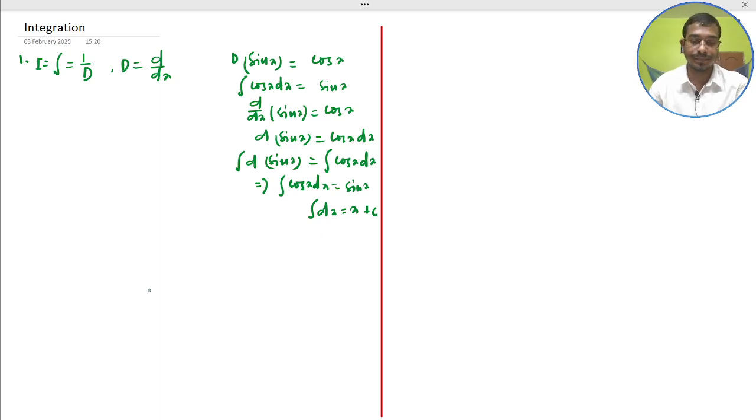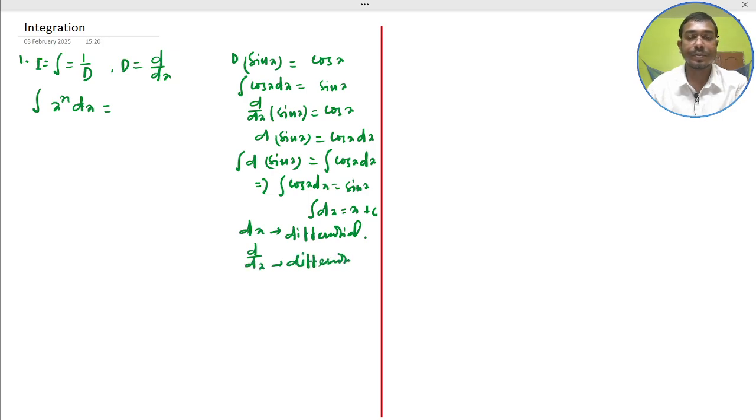This is the concept. First formula: the integration of x to the power n dx, where x is the variable and dx is called the differential. The integration of dx is called the integral.